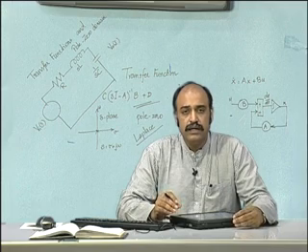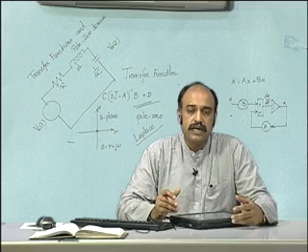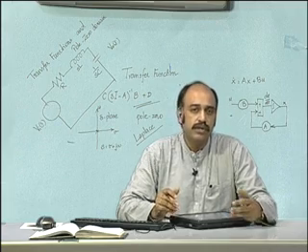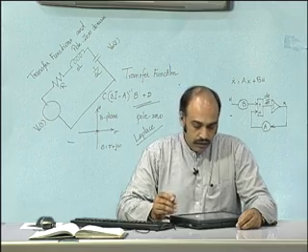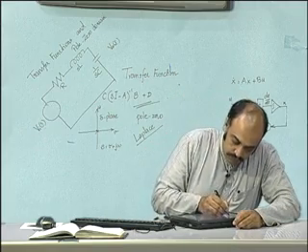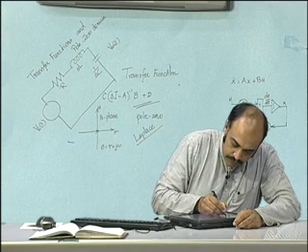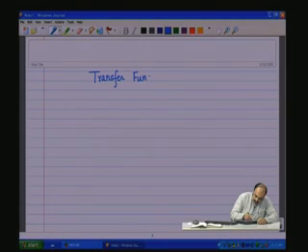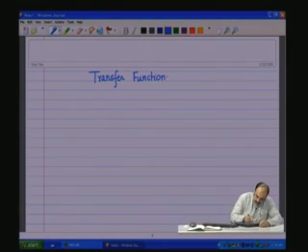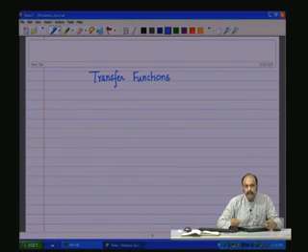But we will see that it has a lot of useful features in studying the system in the pole zero domain and also to some extent in the frequency domain. So, today's session is going to focus on transfer functions: what they are and how they are obtained.